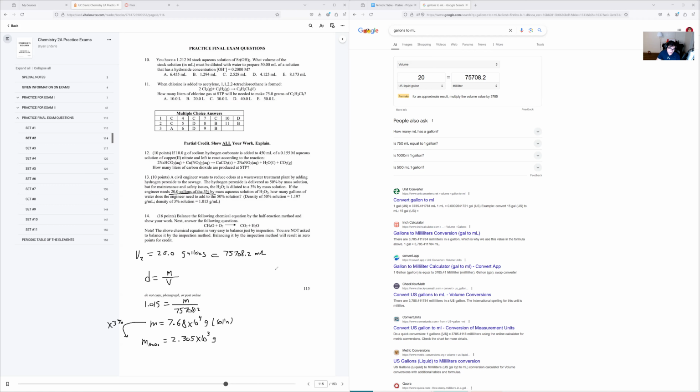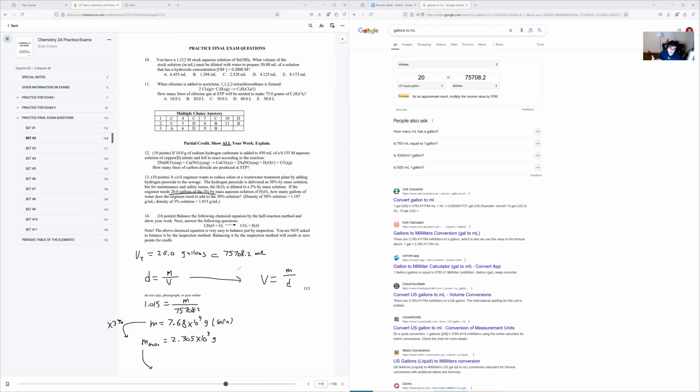So what we can do is this. We can say that the mass of the 50% solution, because we have the density and we want the volume, so it's going to be mass divided by density, right? Just solving for volume. We need the mass of the solution because we have the density of the solution.